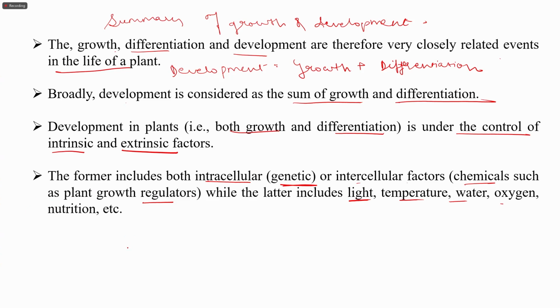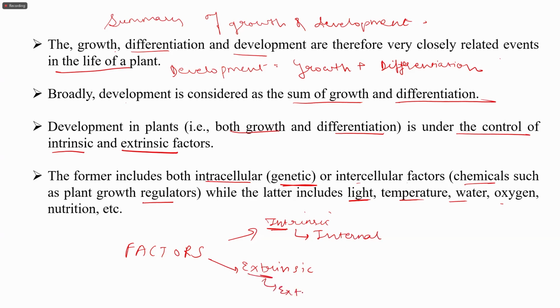Such questions may be asked in MCQs, that which of these factors are responsible for plant growth and development. So it can be intrinsic or it can be extrinsic. Intrinsic means internal factors. Extrinsic means external factors.